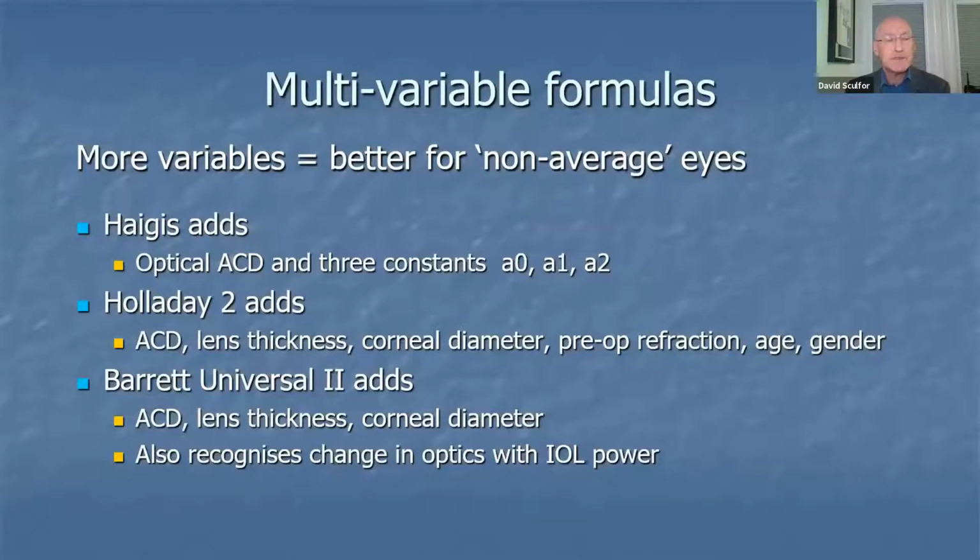But he has another trick up his sleeve, which is that his formula also recognises the change in optics with IOL power. So in optical terms, a 30 diopter lens doesn't behave the same as a 3 diopter lens, apart from being more powerful. The actual optics of that lens are quite different.